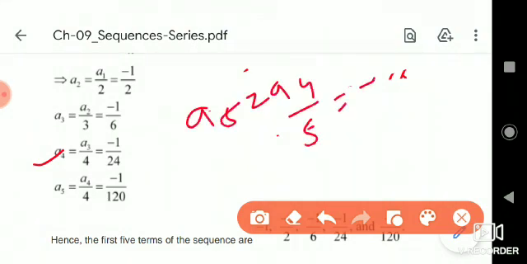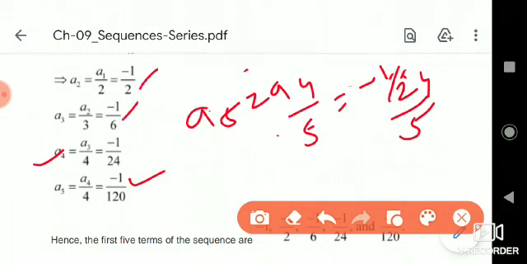And a4 is nothing but minus 1 by 24, divided by 5, that gives minus 1 divided by 120. Therefore the required first 5 terms of the sequence are minus 1, minus 1 by 2, minus 1 by 6, minus 1 by 24, and minus 1 by 120.